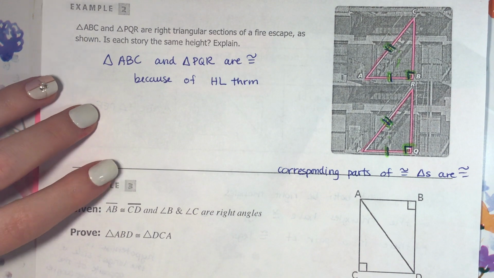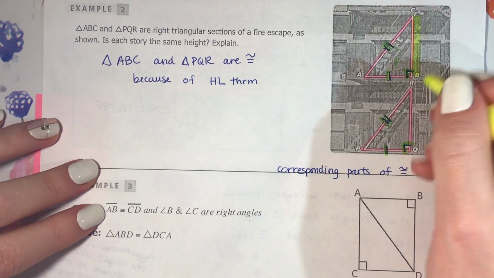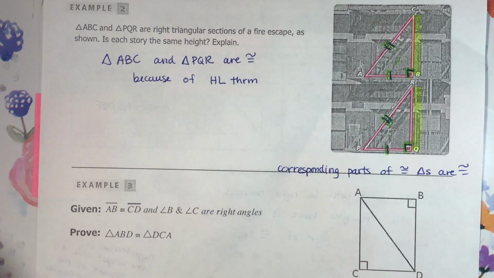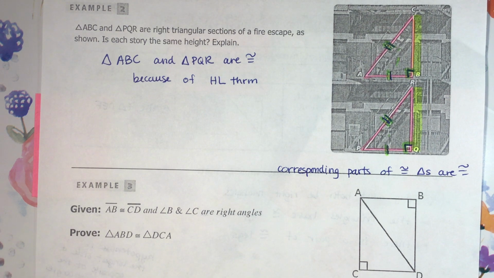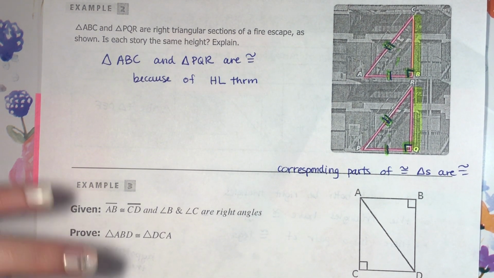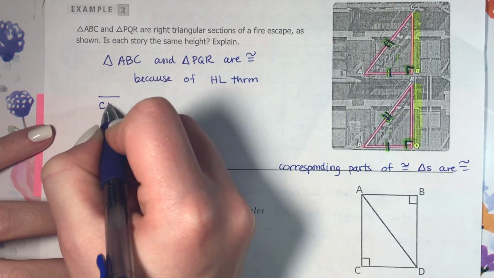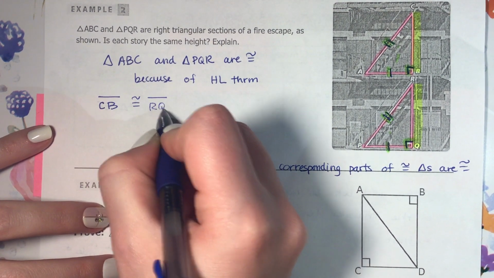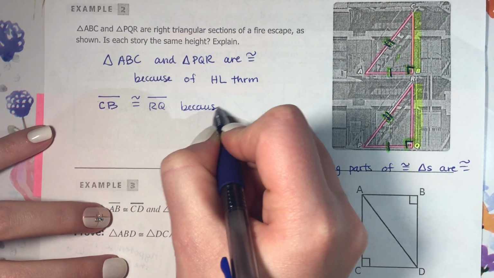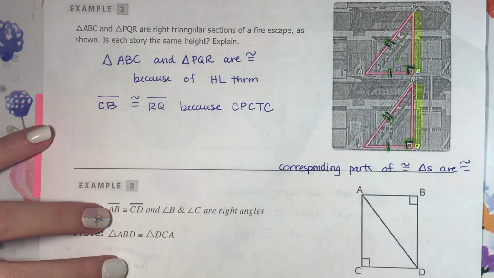So I'm trying to figure out, is from here to here the same as from here to here? That's what I'm trying to answer. Well, are those side lengths congruent? Yes, they are, because the triangles themselves are congruent. So I'm going to say segment CB is congruent to segment RQ because corresponding parts of congruent triangles are congruent.